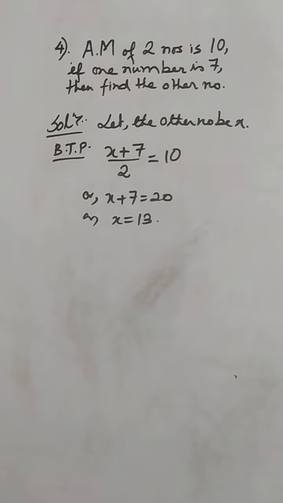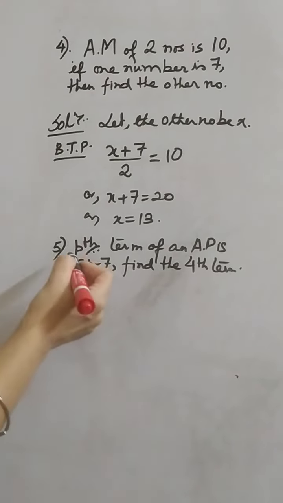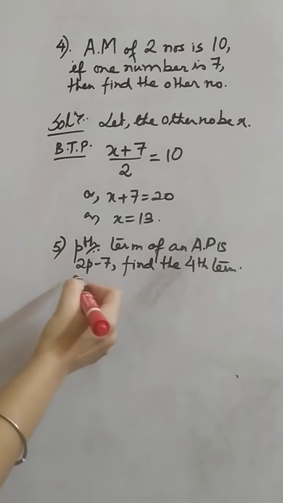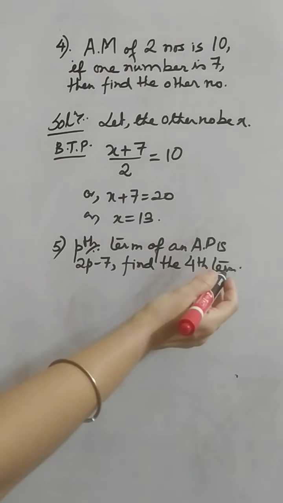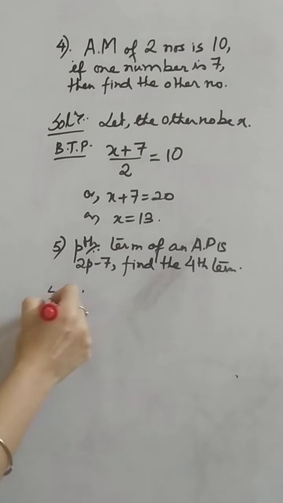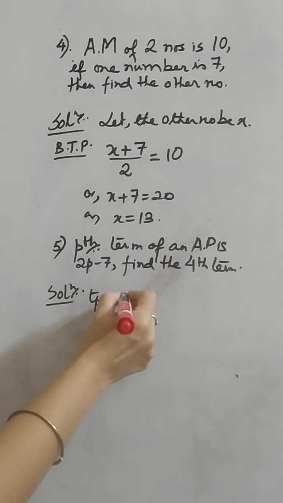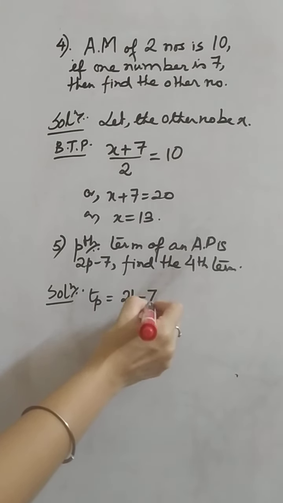Now let's move on to the fifth one. The fifth question is, pth term of an AP is 2p minus 7. Find the fourth term. So let's find out the solution. Pth term, which means TP, is equal to 2p minus 7.